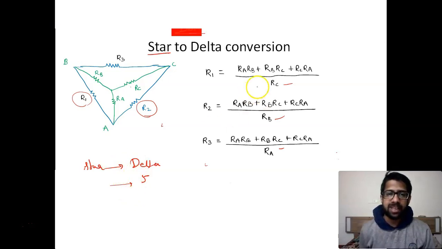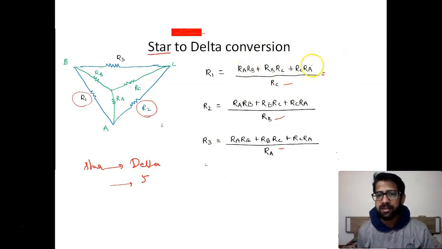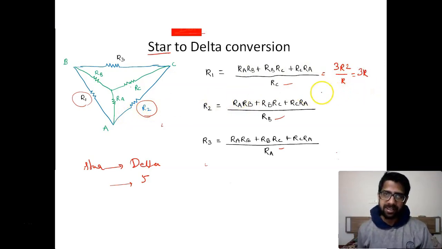Assume each resistance is the same, RA, RB, RC equal to R. Then we get 3R square divided by R, which gives you 3R. So going from star to delta, the resistance increases. R1 gives you 3R, while each resistance was R. So these are the basic formulas.